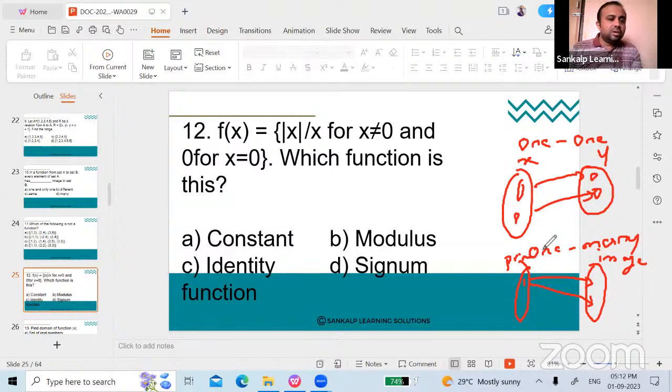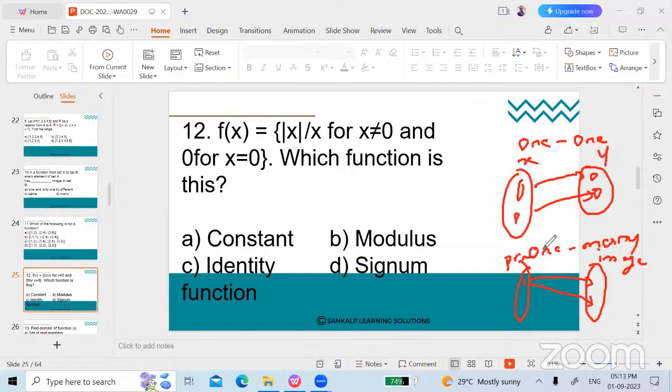Arpita, Surya, try to give the answer. Because this concept is very important, I am repeatedly asking you: one to many, is it possible? Give me one example, please, one of you.